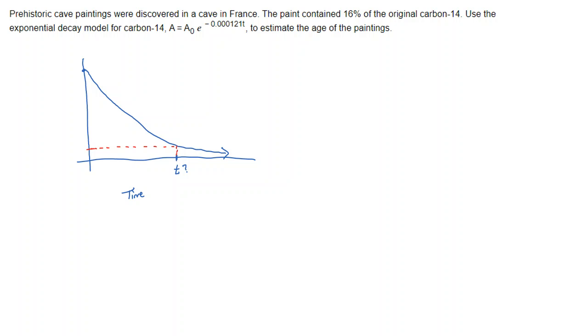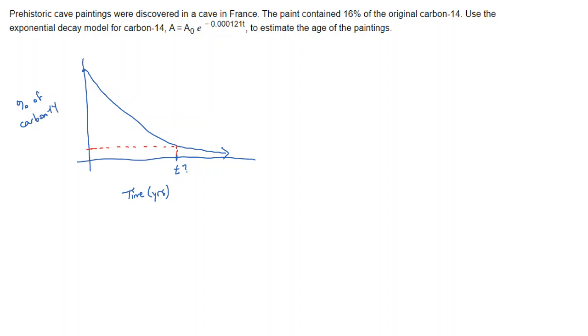They should mention how time is measured, and in this case, it's going to be years. Now we have to somehow get a number for the vertical axis. This vertical axis could be the percent of carbon-14, since that's what we're measuring.